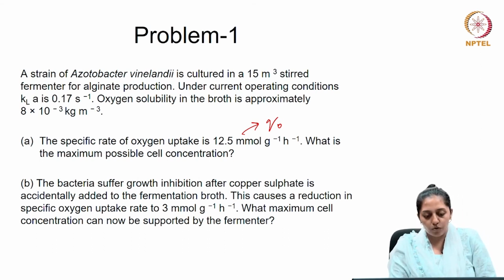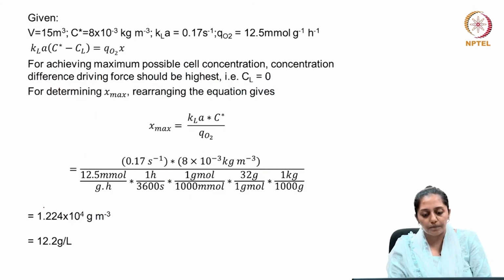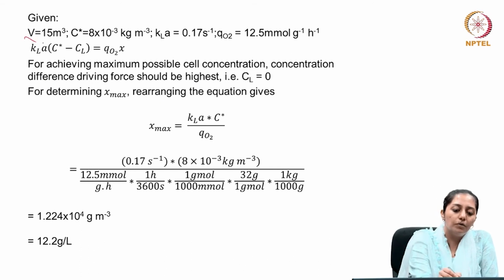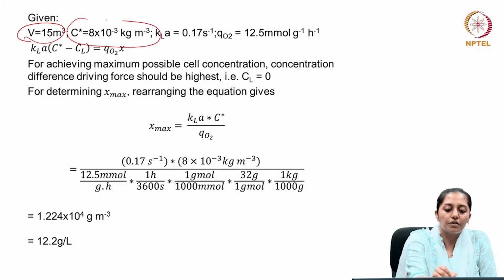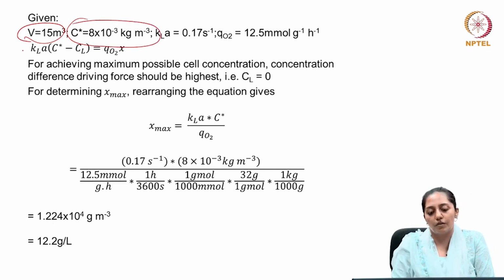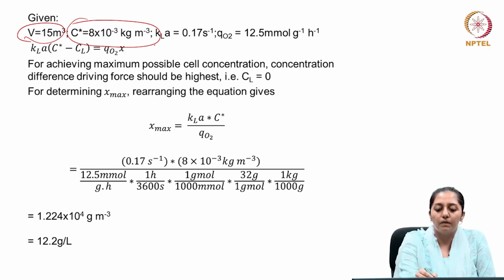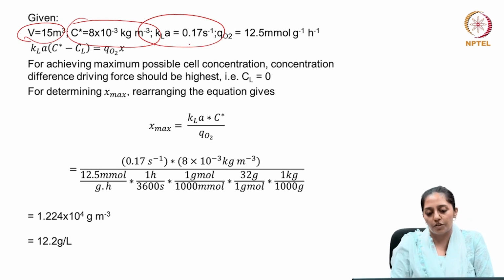So, let us see how to solve the first part. What has been given to us? The volume, which is 15 meter cube, the saturation concentration, the equilibrium concentration of oxygen, which is 8 times 10 to the power of minus 3 kg per meter cube. Volumetric mass transfer coefficient is given. The specific oxygen demand is also given.